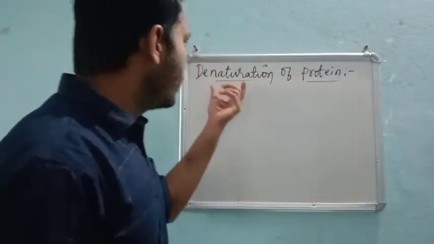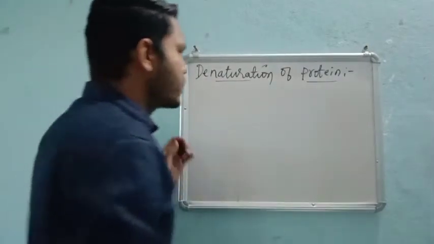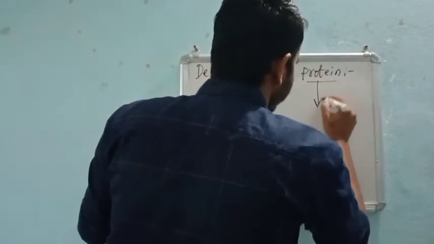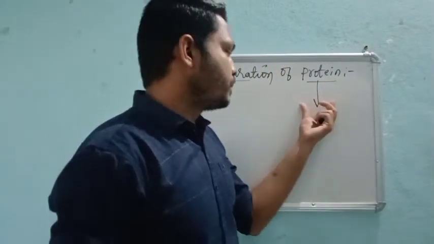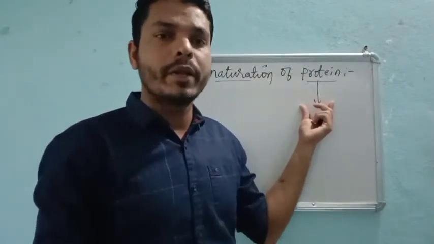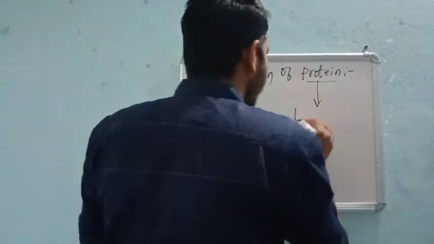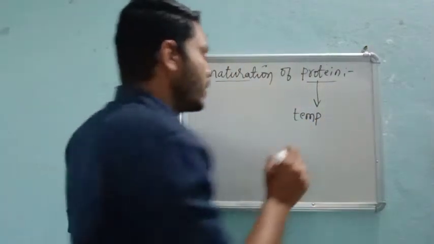So now, de means remove. Protein is just like an enzyme, right? I mean, for the conditions. Protein requires a proper, standard temperature and standard pH to survive. Very important, right?